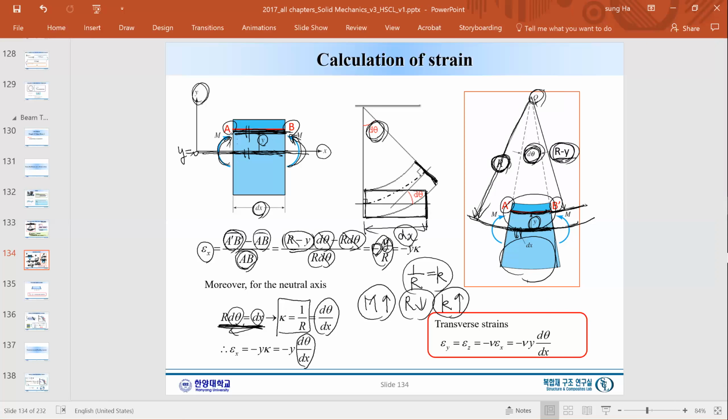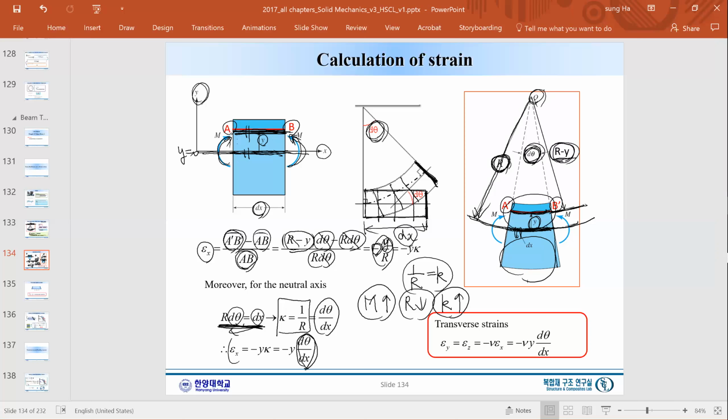Gradually, this one changes this way, this one changes this way, and this one changes that way. So the cross section is rotating gradually. So d theta over dx is the deformation.